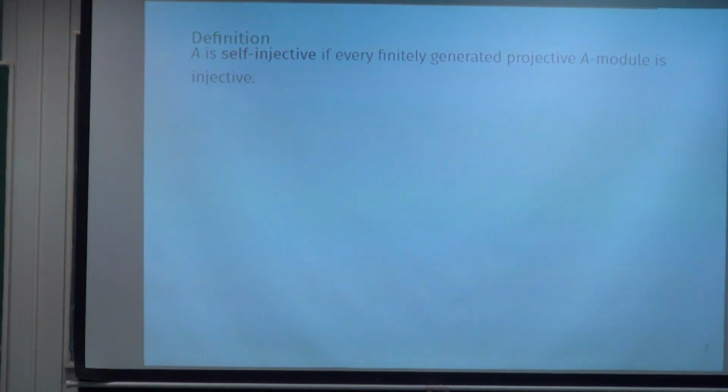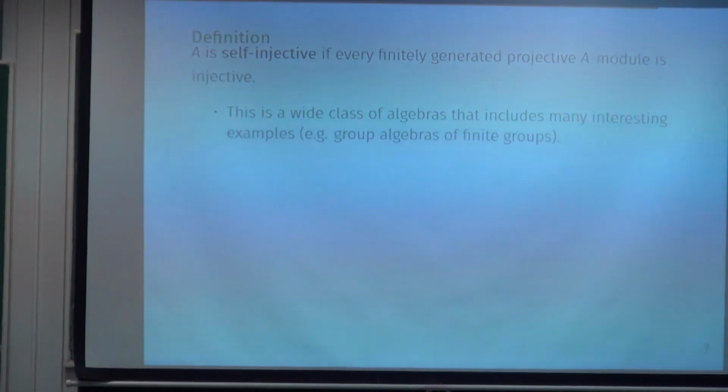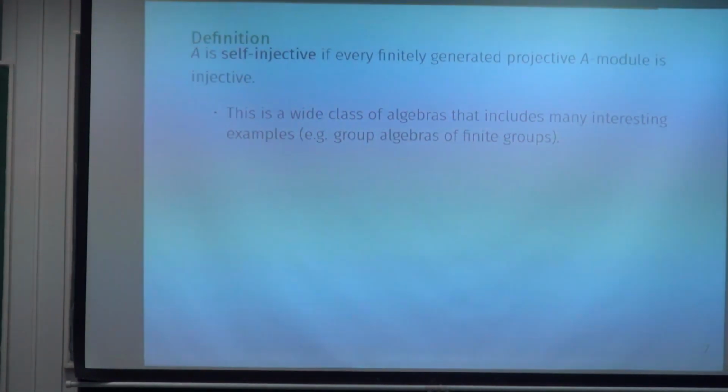So this is a nice class of algebras. It's wide enough to contain many interesting examples, for instance, group algebras of finite groups. But on the other hand, it's small enough to study because self-injective algebras share some interesting structures and features.